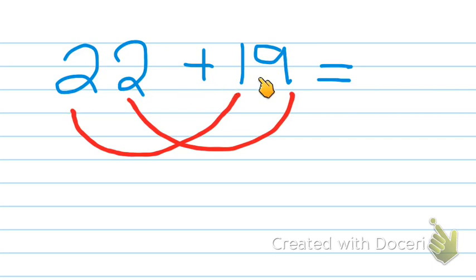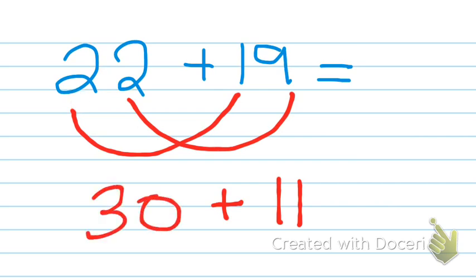I'm going to add my ones. So I have 9, 10, 11. Plus my tens. 1 plus 2 is equal to 3, but since it's in the tens place, the value is 30. So 30 plus 11 equals 41.